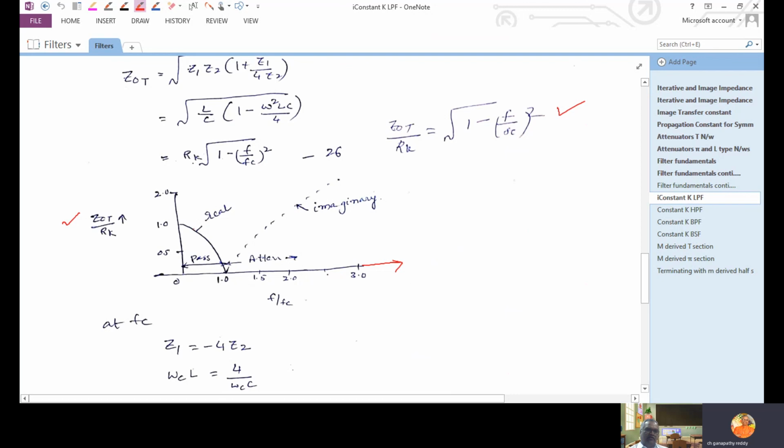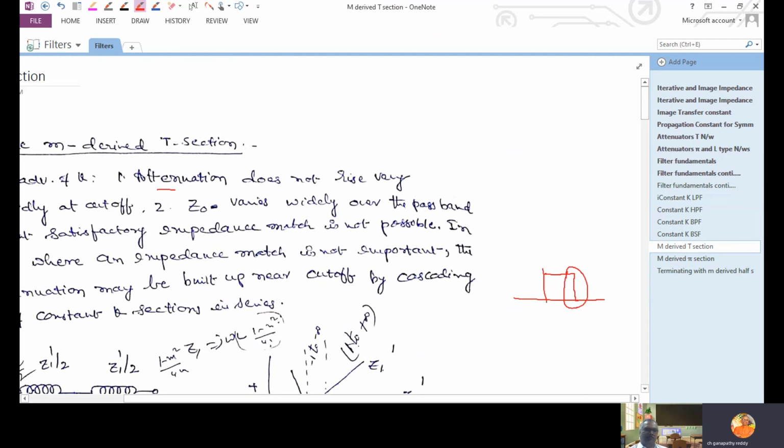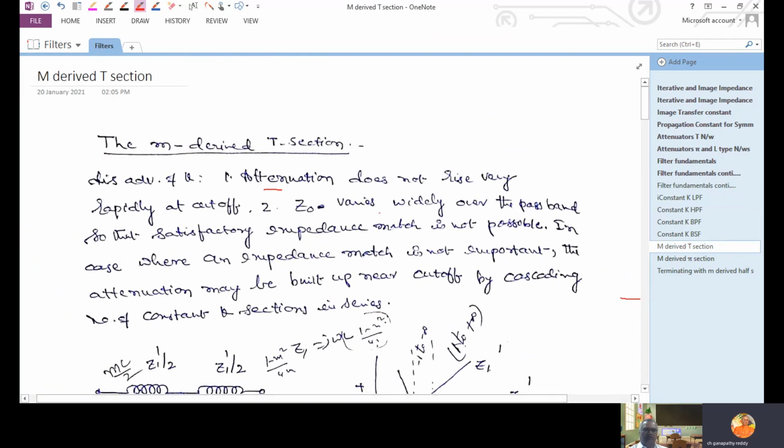From 0 to 1, a real number, it is varying, not constant. That is the drawback. So the second drawback is Z0 varies widely over the pass band, so a satisfactory impedance match is not possible.